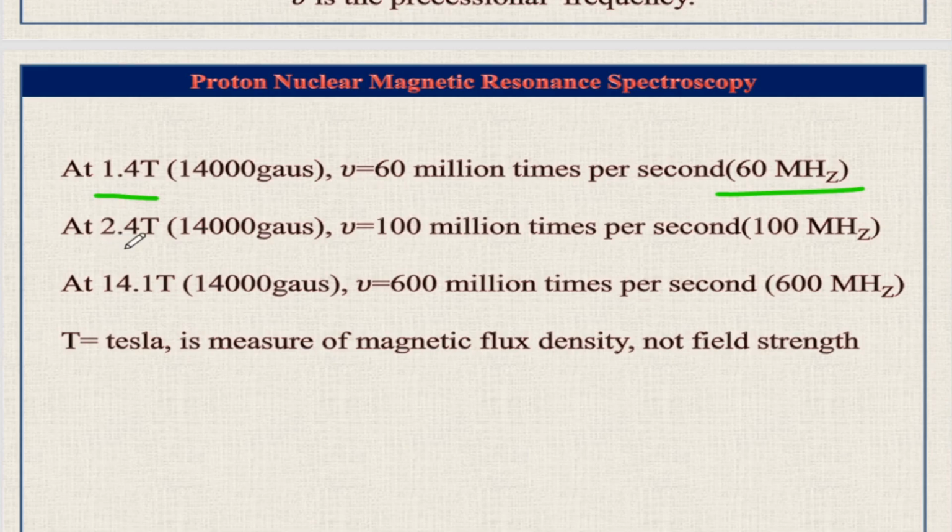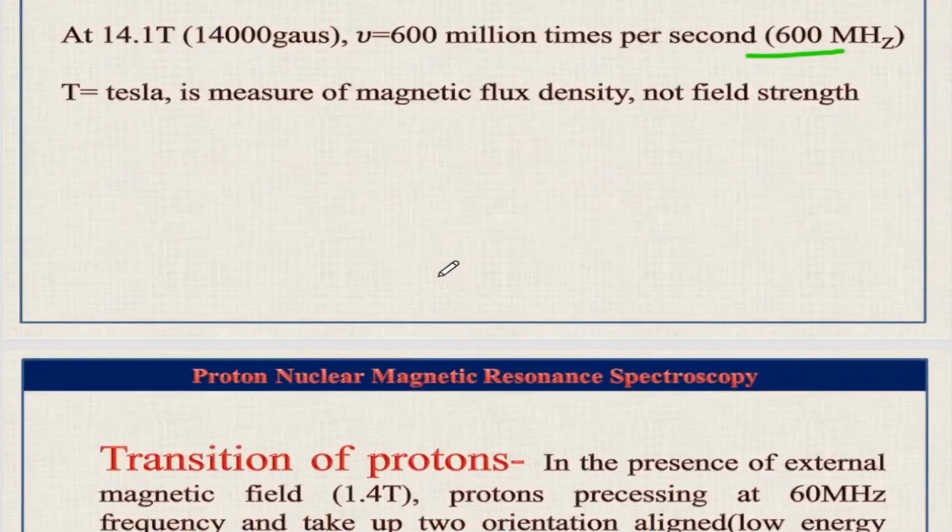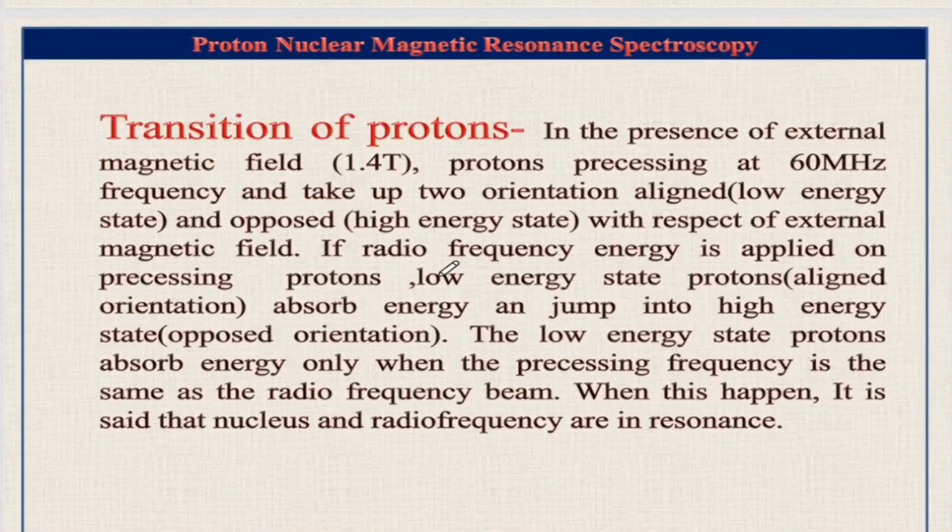At 2.4 Tesla, the proton shows 100 million rotations per second, that is a precessional frequency of 100 megahertz, and at 14.1 Tesla the precessional frequency is 600 megahertz. So the precessional frequency is directly proportional to the strength of the applied magnetic field.